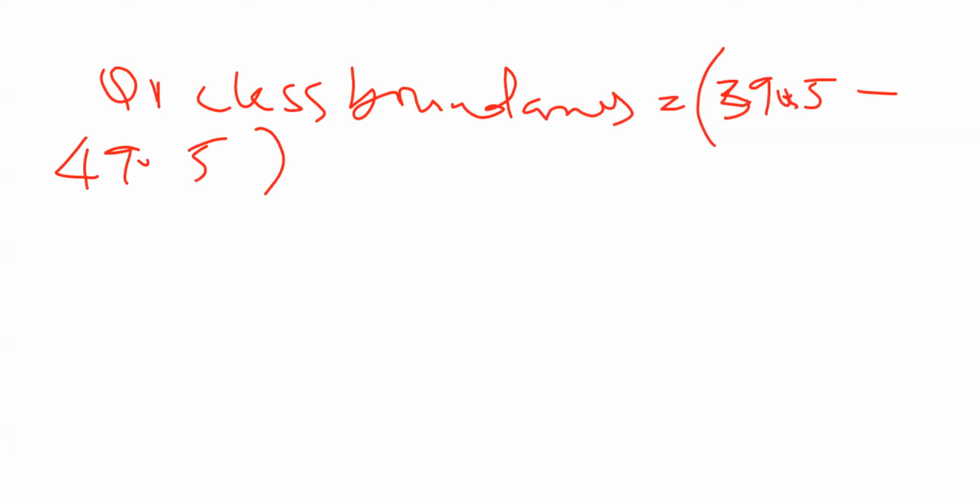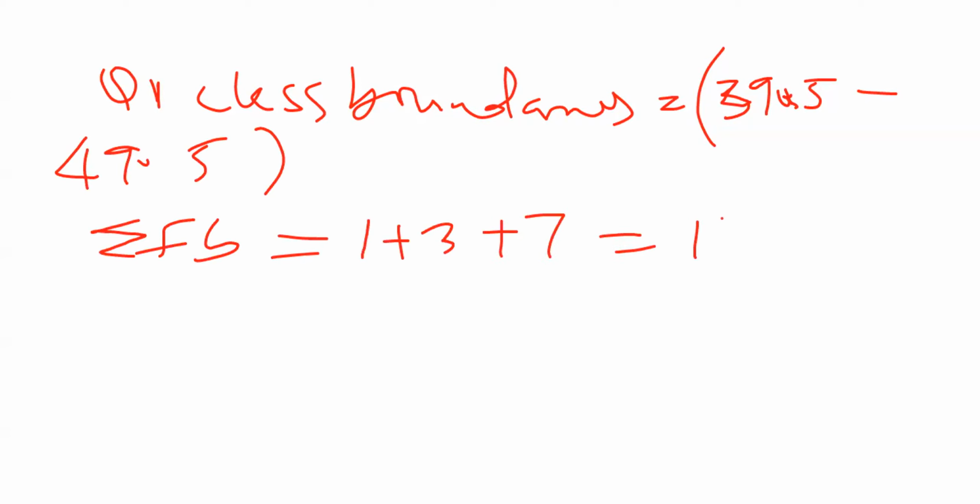Another thing to look at, summation of FB. Remember that the Q1 frequency was 20. So this one will be 1 plus 3 plus 7. Result will be 11.